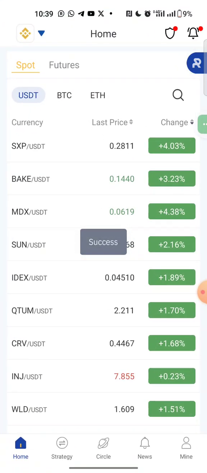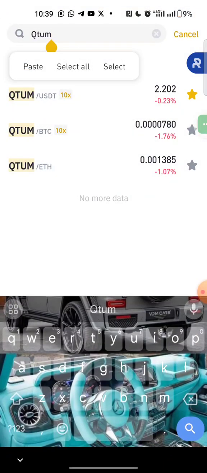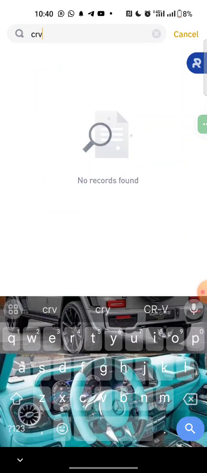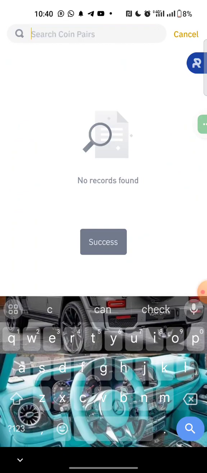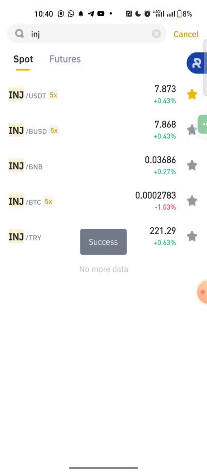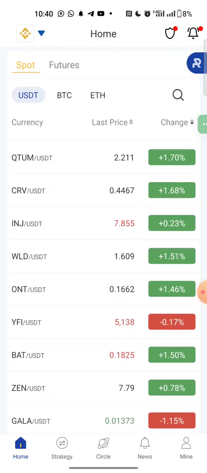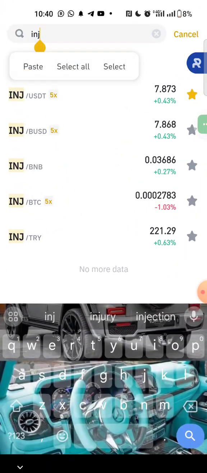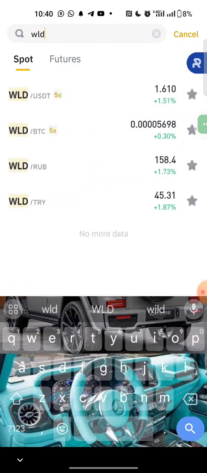Then we have CRV, INJ and Worldcoin. We have CRV. Then we have INJ, then we tap on the star. Then we have Worldcoin, WLD, tap on the star.